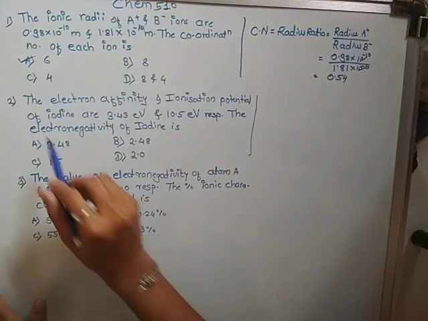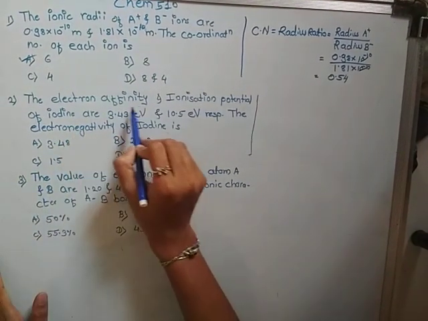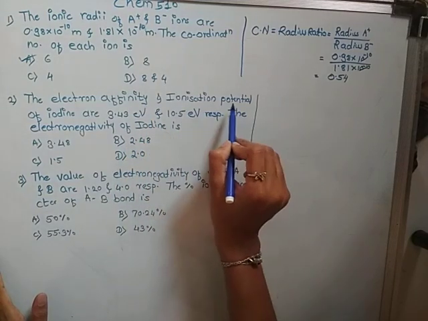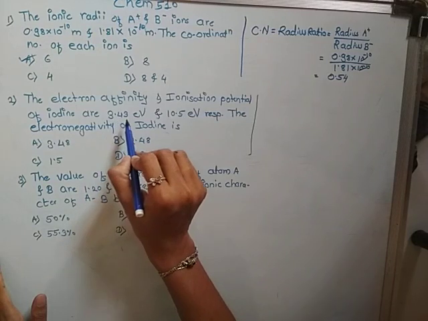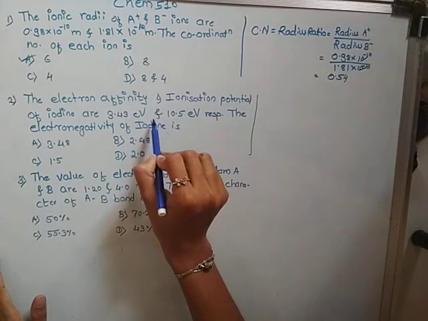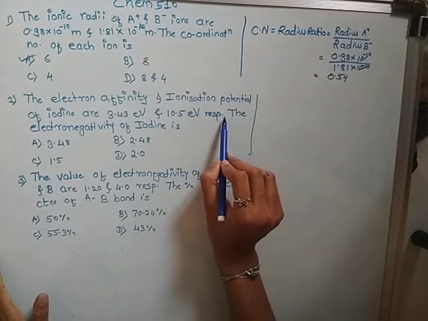Now the second one. The electron affinity and ionization potential of iodine are 3.43 electron volt and 10.5 electron volt respectively.